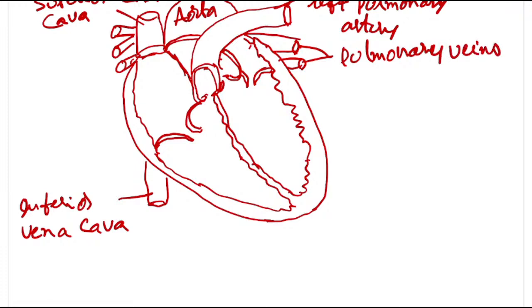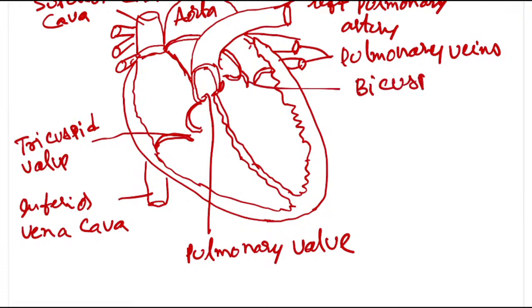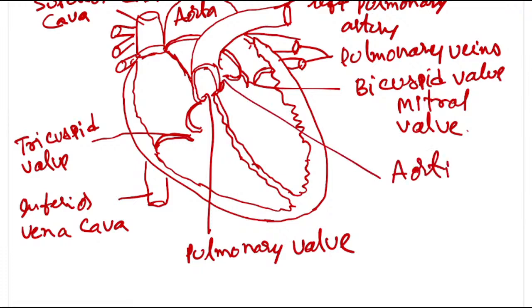Here is the pulmonary valve, and here is the tricuspid valve, and here is the bicuspid valve or mitral valve, and aortic valves.